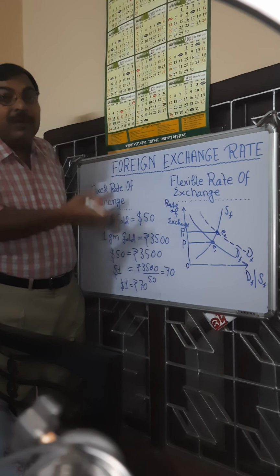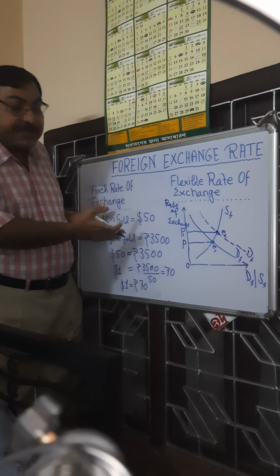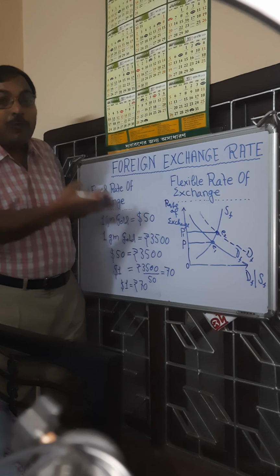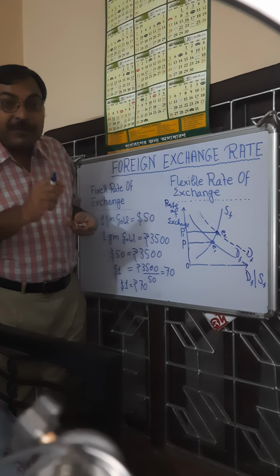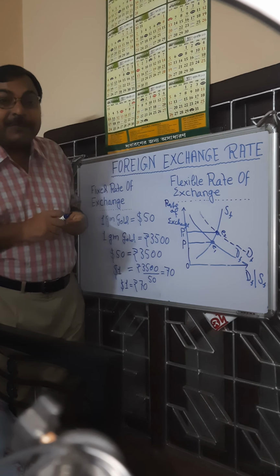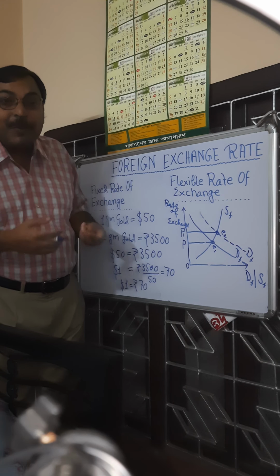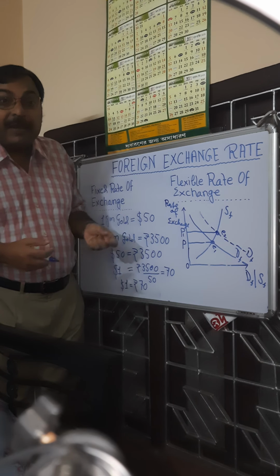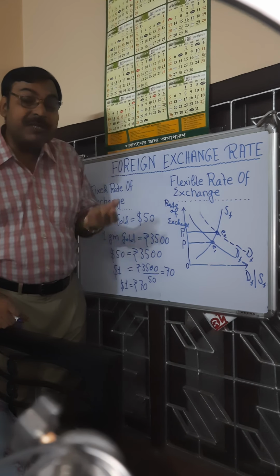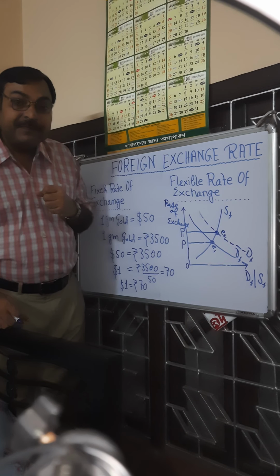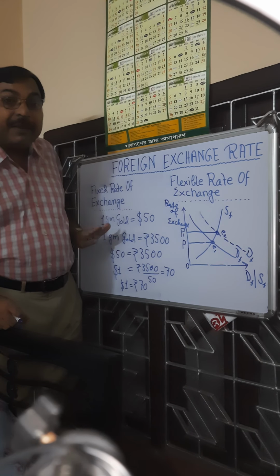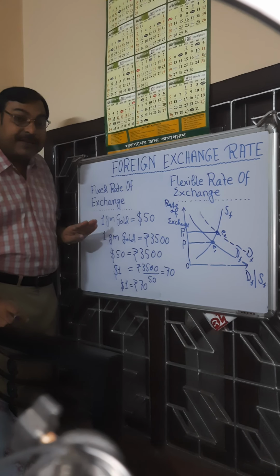If there is overvaluation of the foreign exchange rate, that means devaluation of domestic currency. Devaluation of domestic currency may cause inflationary conditions. This is the demerit of fixed exchange rate.